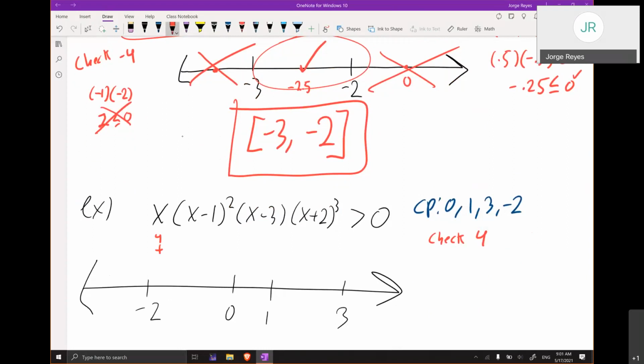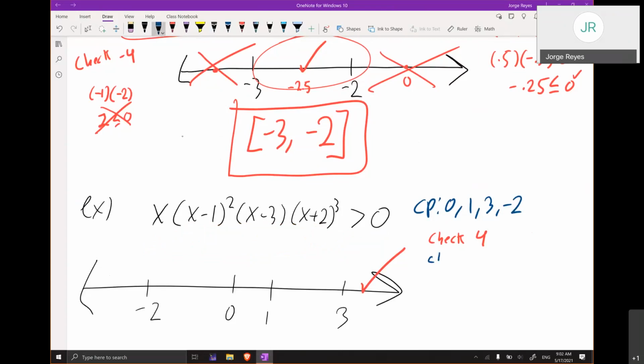When I plug in 4 into this, that's 3, but I'm just going to think about it as being positive. This will also be positive, and this will be positive. So all of this is positive, so that's good, because I want greater than 0. So this is part of my answer. And that way you get to save some brain power, right? You don't actually have to crunch these numbers.